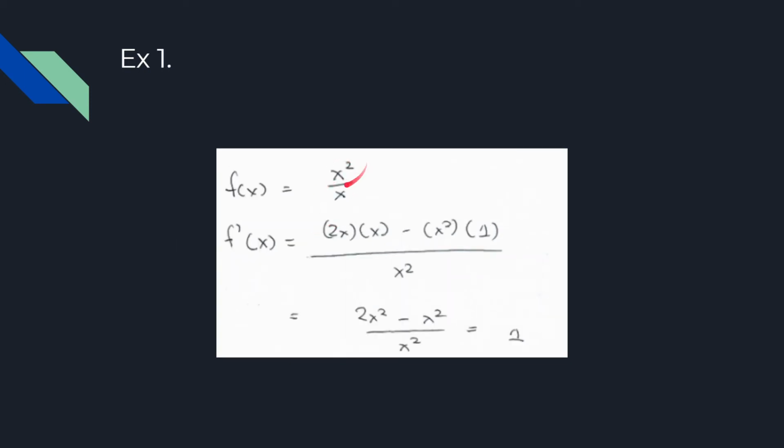Derivative of the upper function is 2x times the bottom function, x, minus the upper function, x squared, times the derivative of the bottom function, 1, divided by the bottom function squared. Simplify this into 2x squared minus x squared over x squared, and you're going to get 1, just like we expected if we were just to simplify this into x.